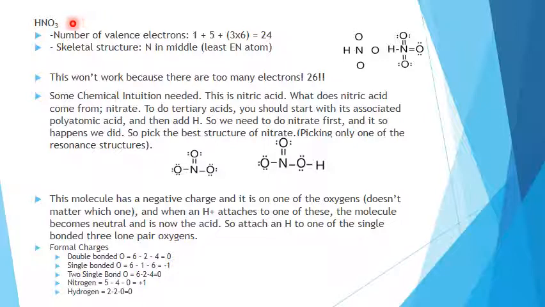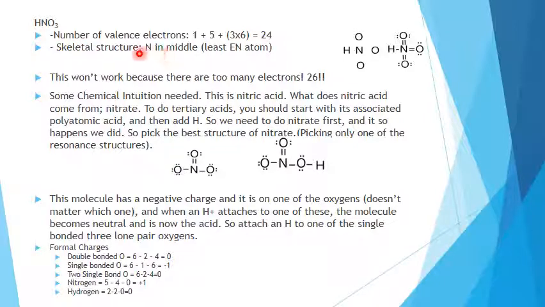An acid is a substance that, when you put it in water, will have an H plus removed from it. So nitric acid and nitrate are essentially the same molecule, except nitric acid has an H plus on it and the nitrate doesn't. So let's use that to our advantage.